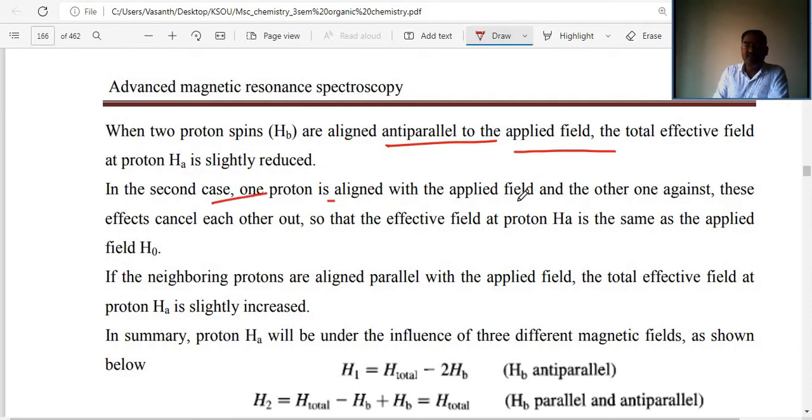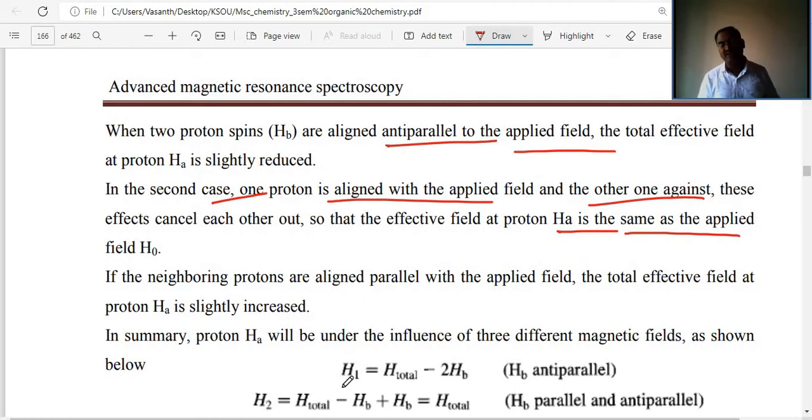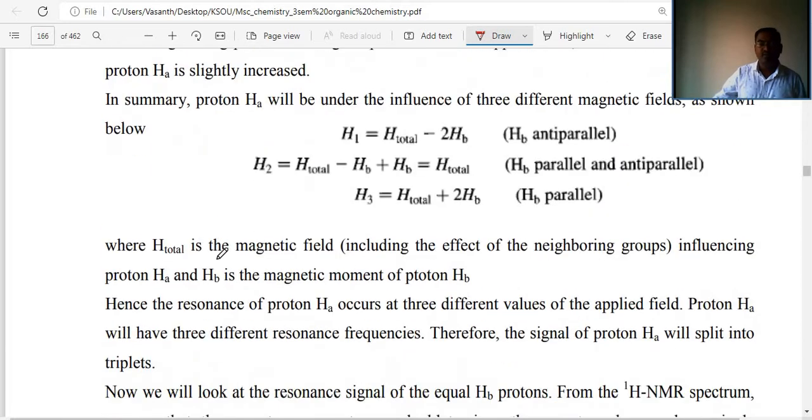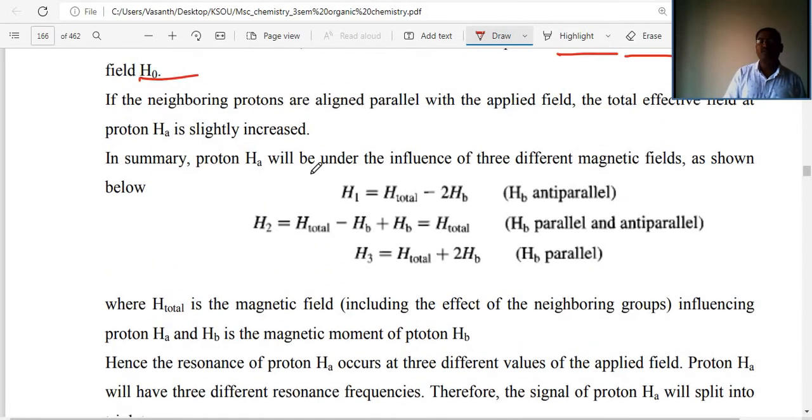In the second case, one proton is aligned with the applied field and the other is against. These effects cancel each other, so the effective field at proton HA is the same as the applied field. In summary, the proton will be under the influence of three different magnetic fields as shown in that figure.